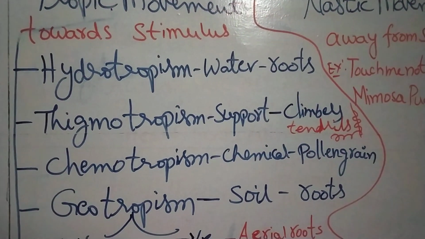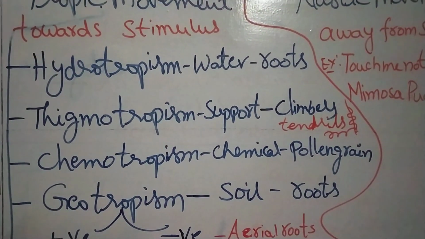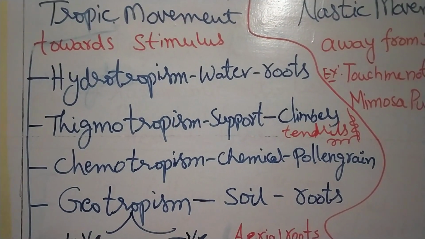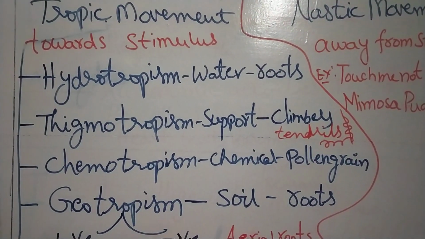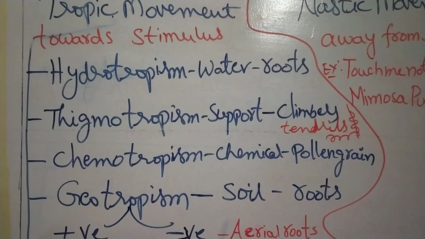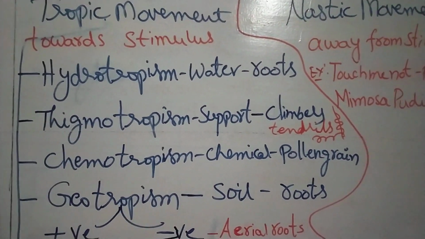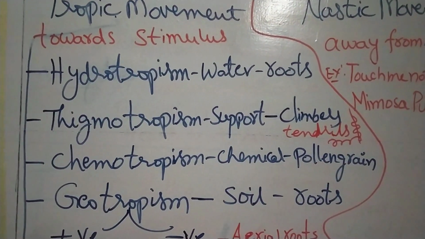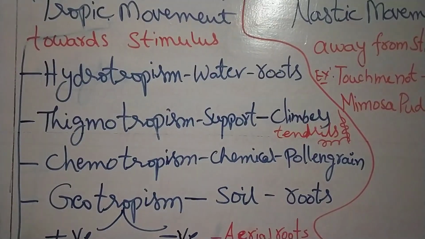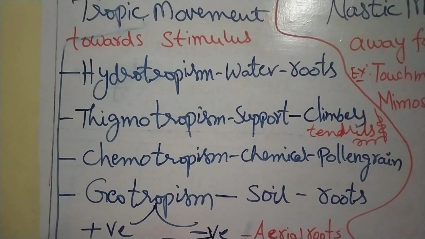All these plants move towards the support. The best example, which you studied in the first chapter on nutrition, is the cuscuta plant. Cuscuta is a parasitic plant. To absorb water and food material from the host plant, it twines around the host plant. That is the best example for thigmotropism.